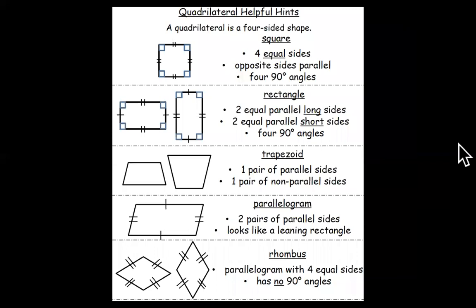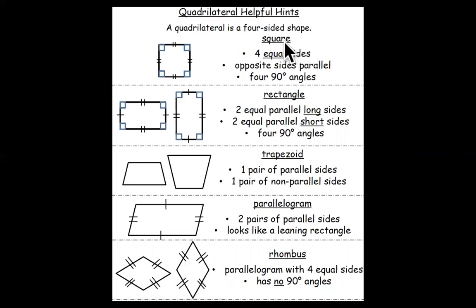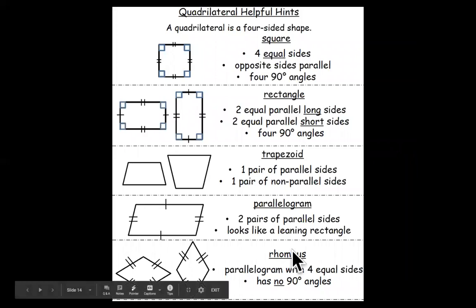Now, I know that was a lot of information, and sometimes it's a little tricky to understand. So I have this helpful hints sheet that you can look back at as you're doing your work to remind yourself of the different types of quadrilaterals that we talked about. And underneath, we have the name of the quadrilateral: the square, the rectangle, the trapezoid, the parallelogram, or the rhombus.